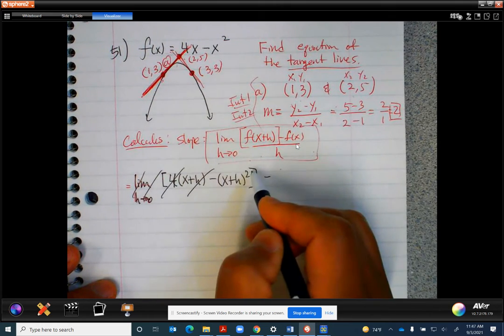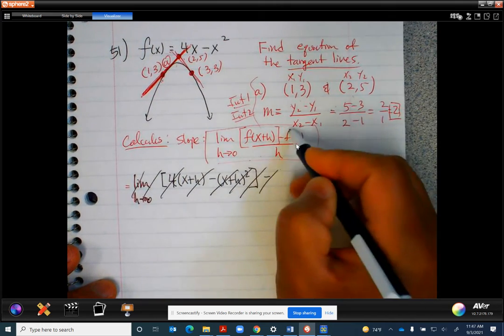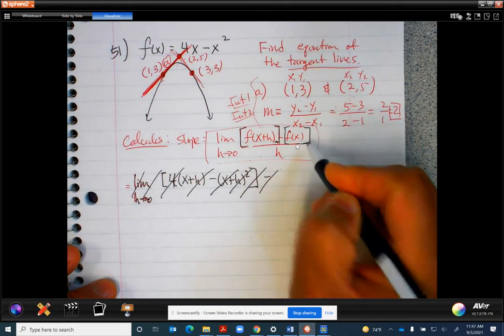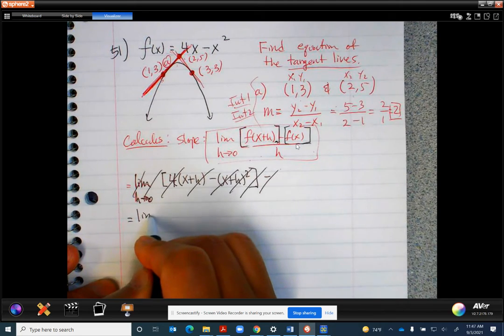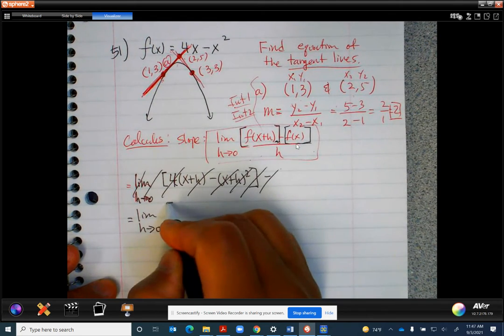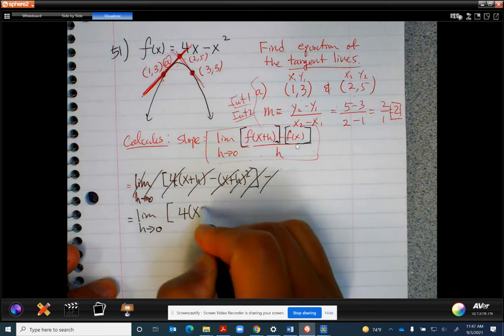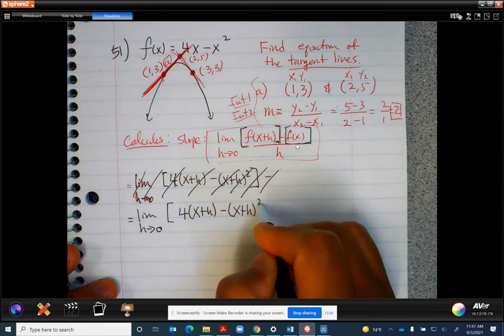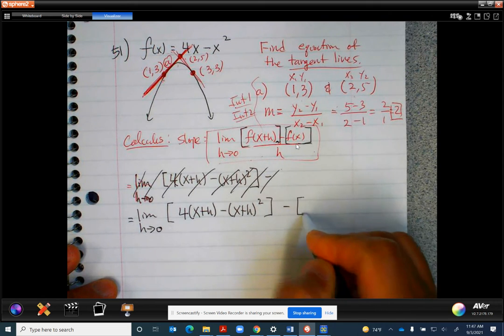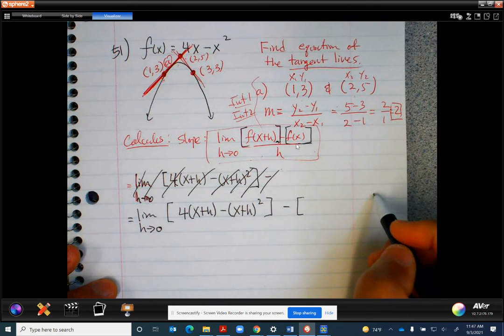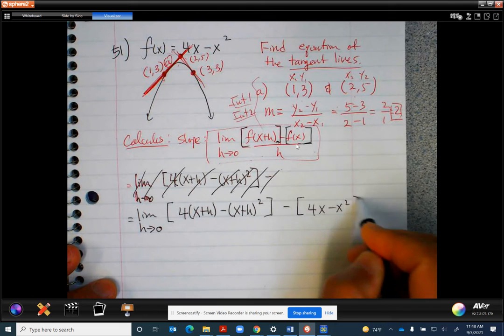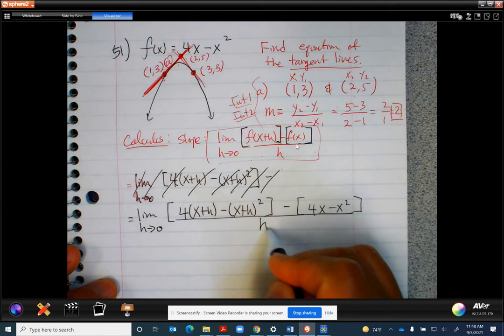Scratch that. Hold on, okay? I think I did it right, but I needed more space. Sorry. So bracket 4 parentheses x plus h minus parentheses x plus h squared, and then minus bracket, what do we have for the second part? Four x minus x squared all over h.